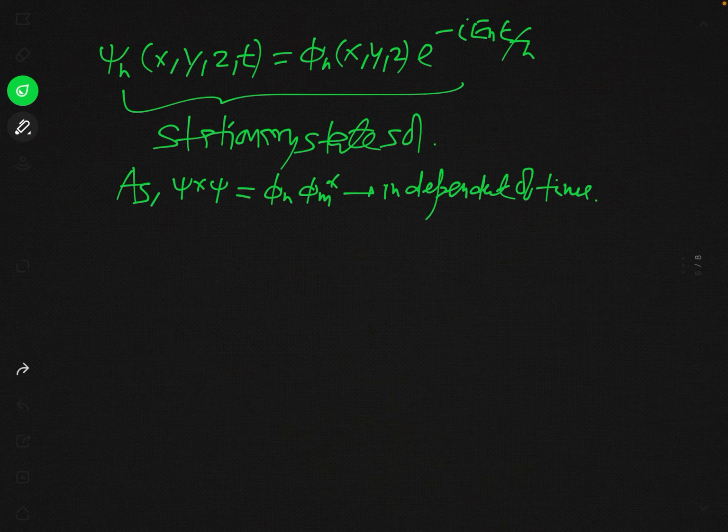So this is the stationary state solution of the Schrodinger equation.